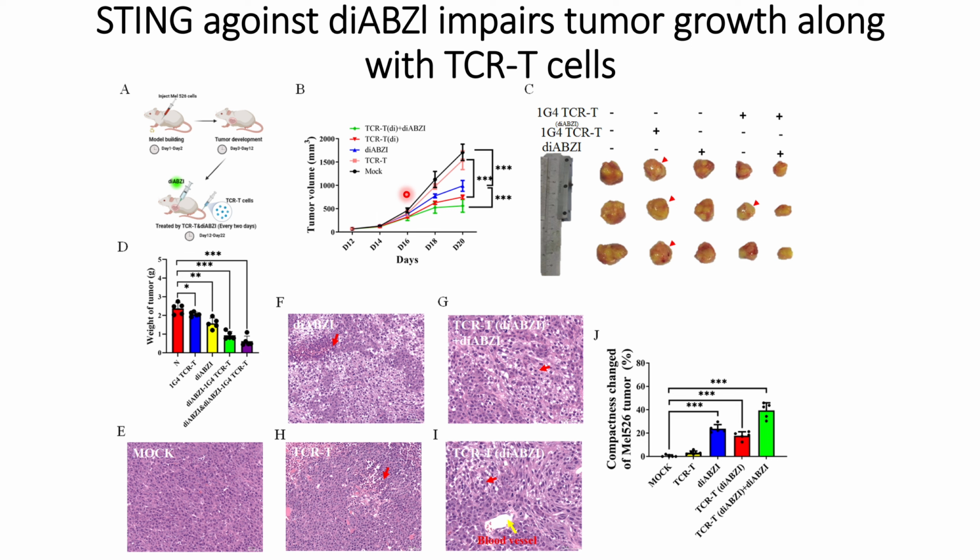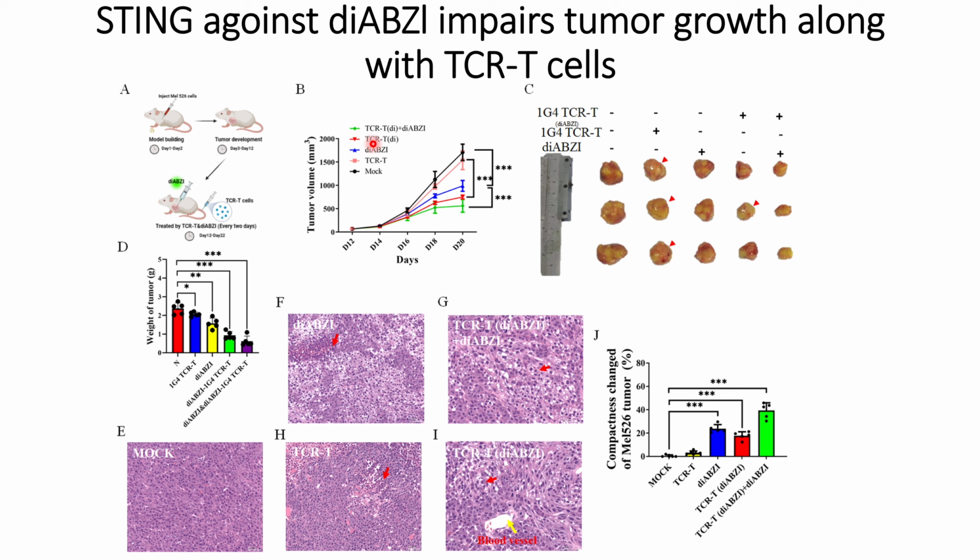What they found is that, compared to the mock, where they have not injected any STING agonist or engineered T cell receptors, when they use the T cell receptors treated with DiaBZl and the DiaBZl also in the mouse models, they see the maximum reduction in tumor volume compared to the other cases.